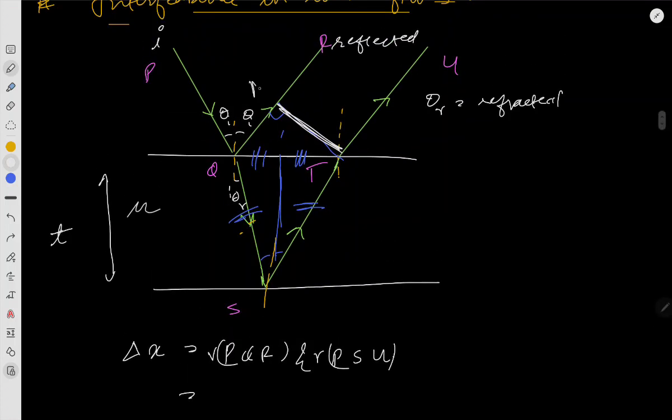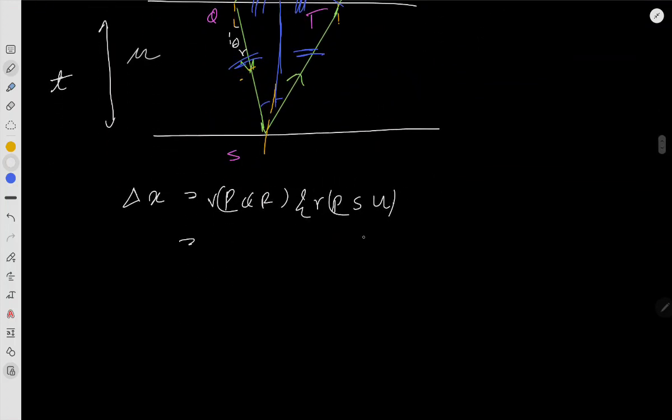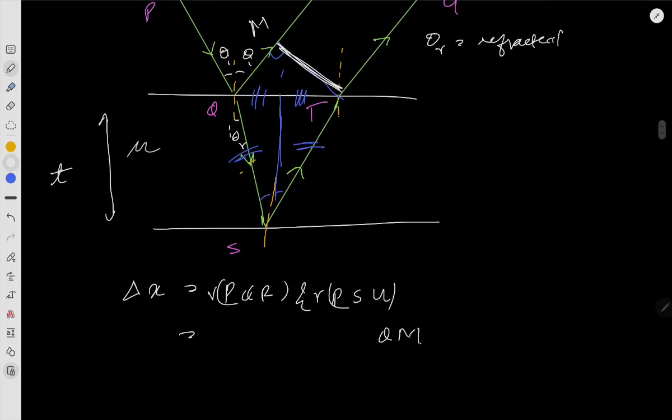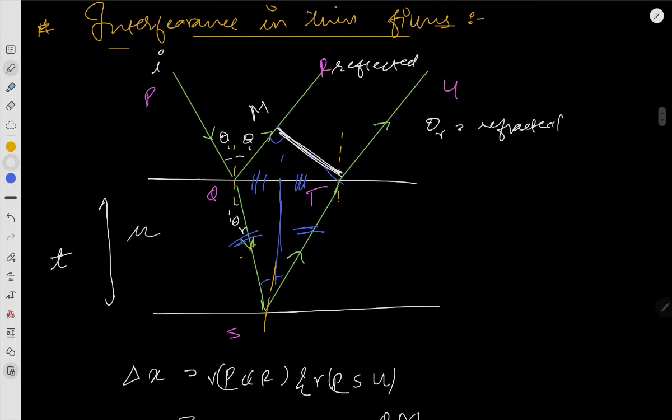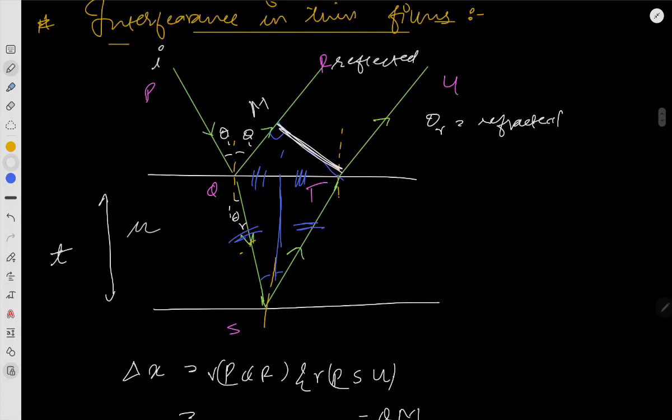Let this be a point M, so QM is the extra length of the ray PQR, and as you can see from the diagram itself, PSU has travelled much more distance, and for the path difference we need to subtract these both distances. I am going to put a mod outside to avoid the negative, because it's a distance after all.